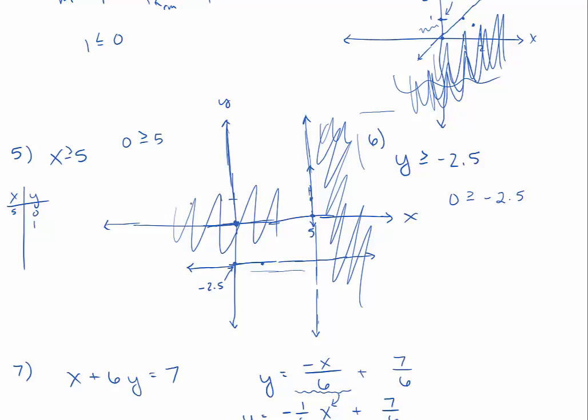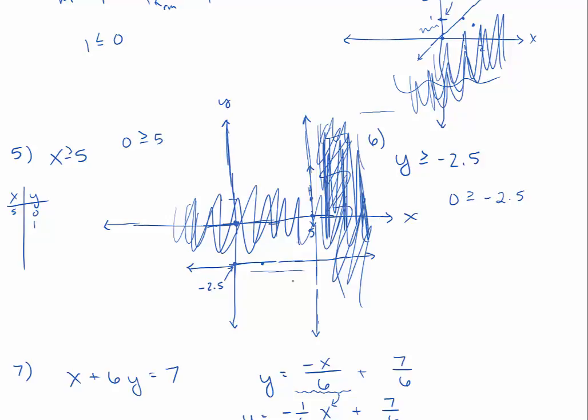So if I'm shading all this for number 6, and I shaded all this for number 5, and then this would continue over, all of this over here is where they're both shaded. So that is where they would both be true. You use that a little bit later on in algebra and finance classes. But for this study guide, you're only going to have one line. I just graphed them both because they were simple graphs.